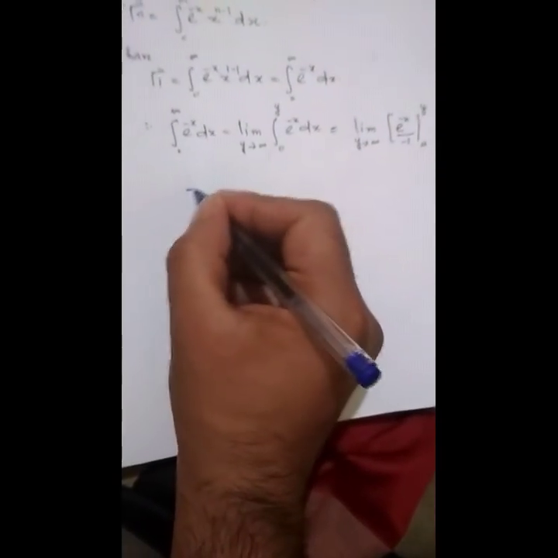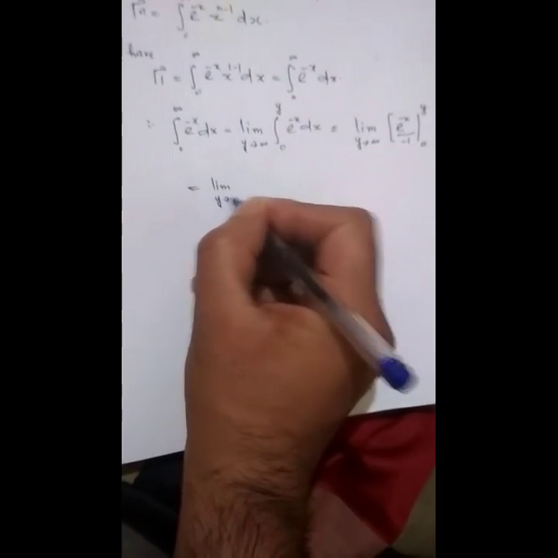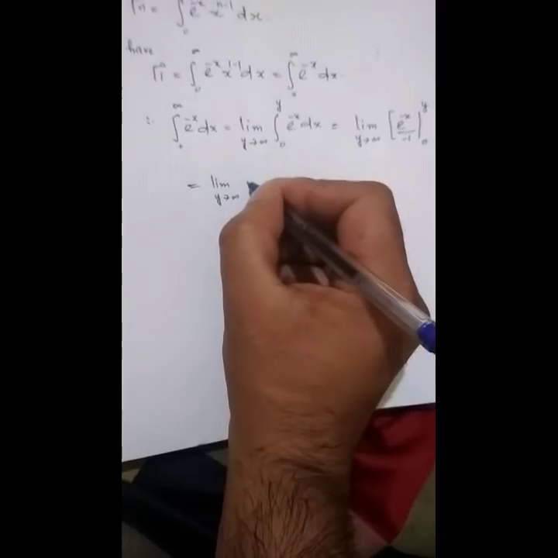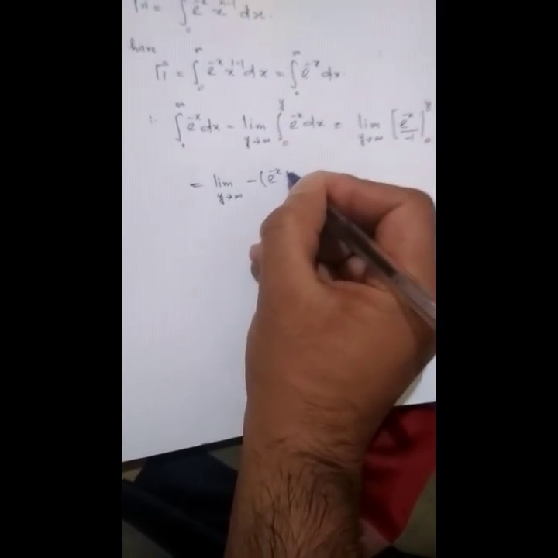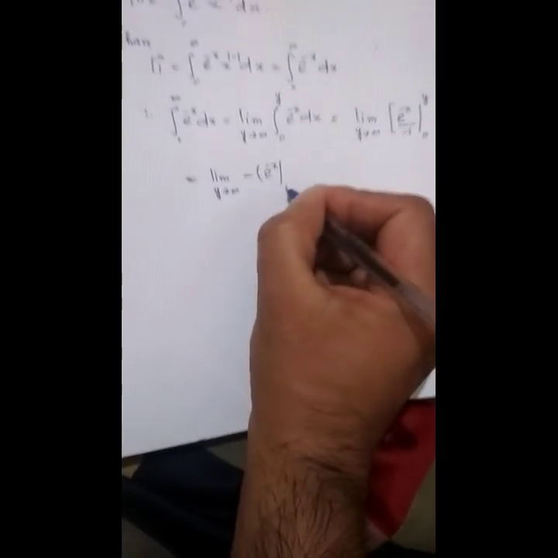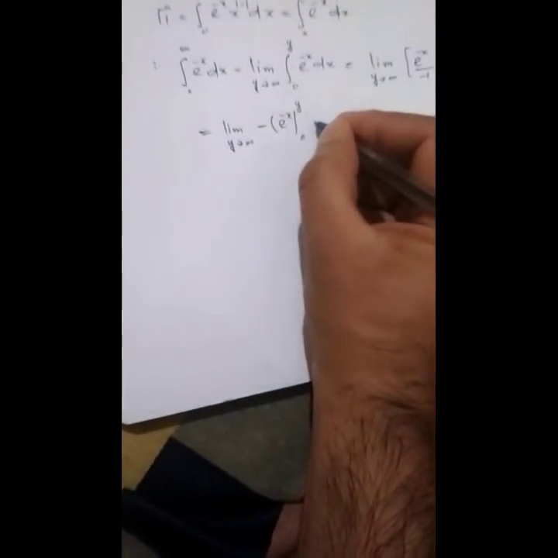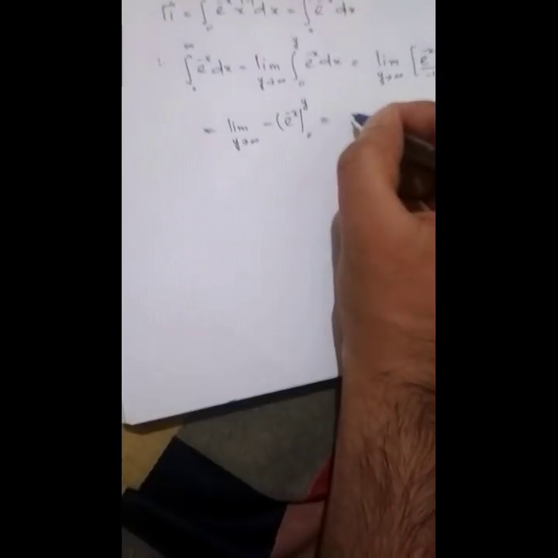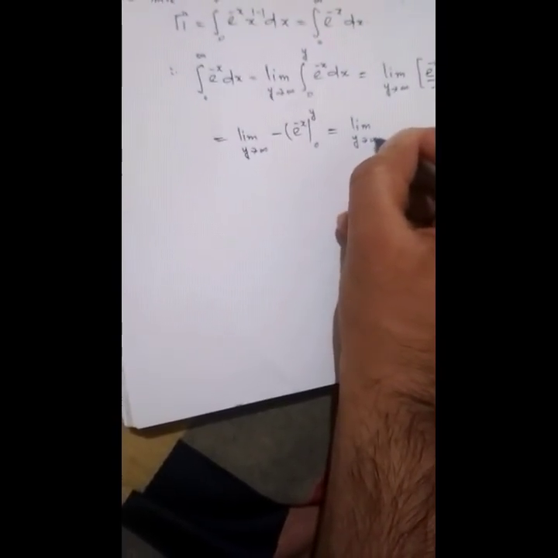So this is equal to the limit y tends to infinity of minus e raised to power minus x from 0 to y.